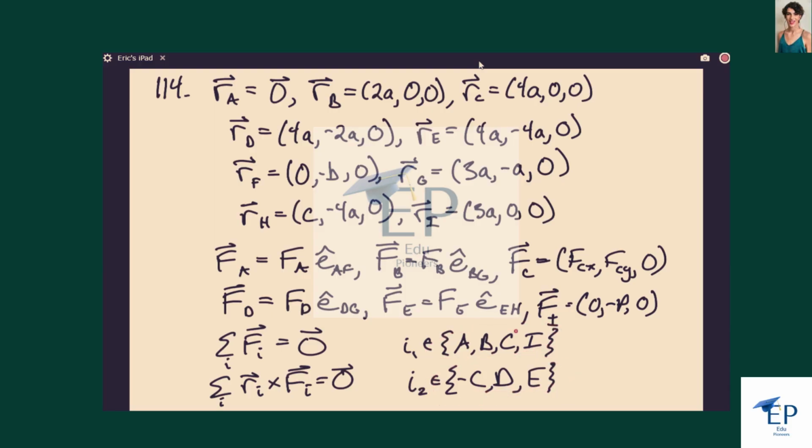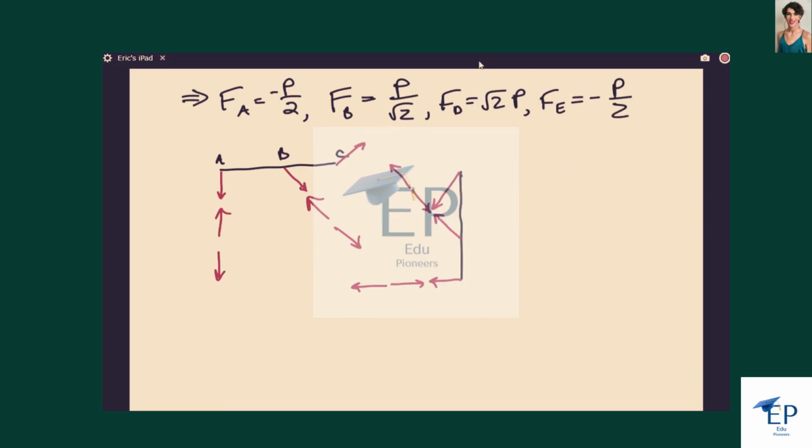And again, because C is an internal force, we need to make sure that one of these has a negative sign in it, so that whenever we have FC in our summation, or RC cross FC in our summation, we have a minus sign up front here. So this gives us 3 equations, this gives us 3 equations, so we get 6 equations, and we have 6 unknowns, and we can go back and do the algebra to solve those.